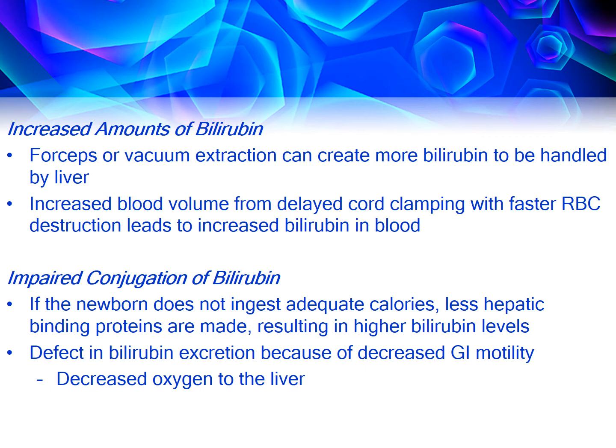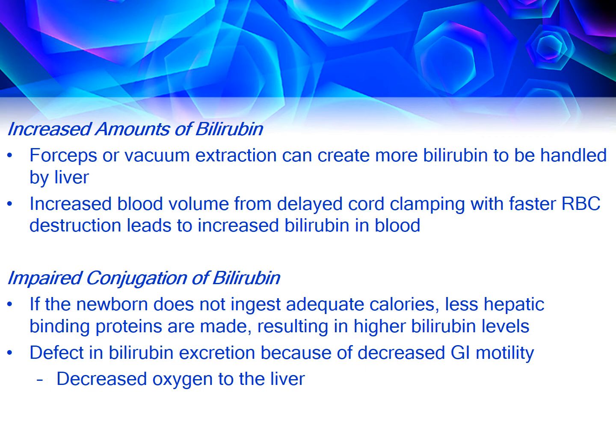So how do we end up with increased amounts of bilirubin? Well, bilirubin can be created when we have forceps or vacuum extraction deliveries because they can cause bruising, which we know is from the red blood cell breakdown. We can also have an increased blood volume from delayed cord clamping.